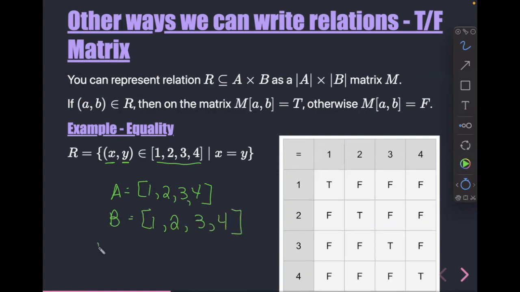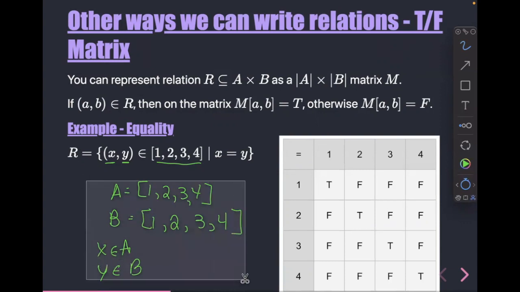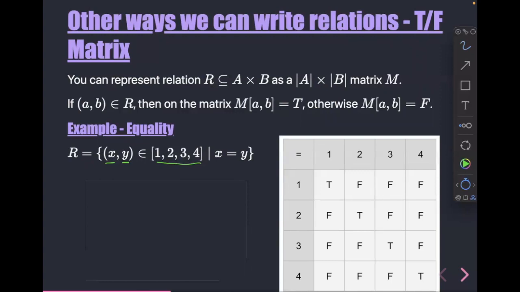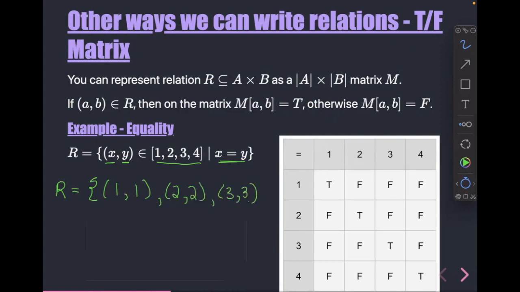You could think of it as X is in A and Y is in B, if that's how you'd rather think of the way you're defining it. Basically they're in this relation if X equals Y. So R would be, in this set, 1, 1, 2, 2, 3, 3, and 4, 4. So it's all elements that equal each other.